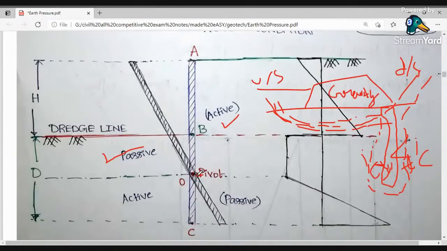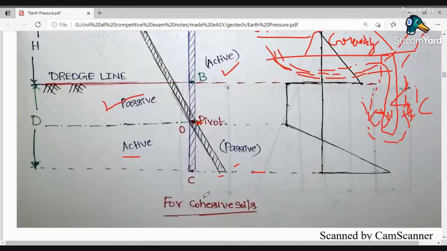At the pivot the soil is active, and at the last point or at the base the soil is passive, right? So passive earth pressure happens. Here the wall moves away from the backfill. Here the wall moves towards the backfill.